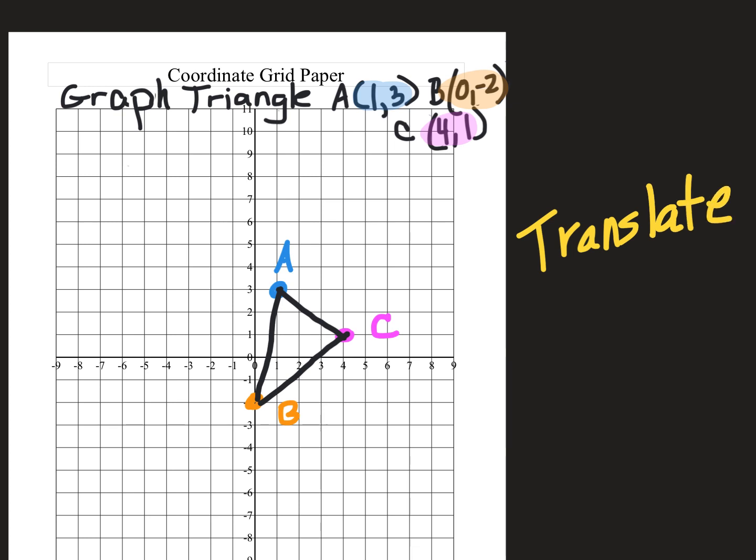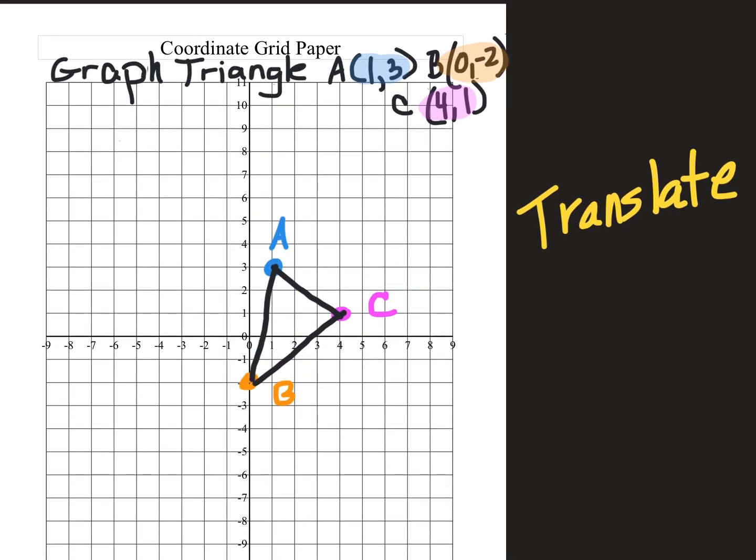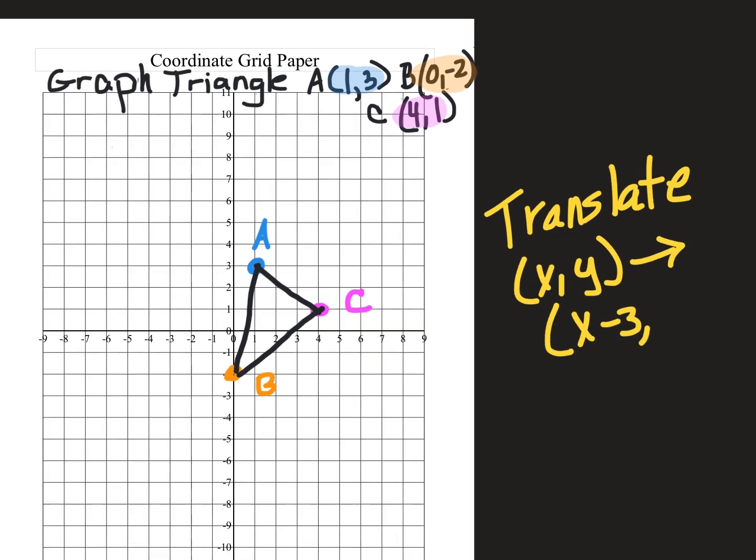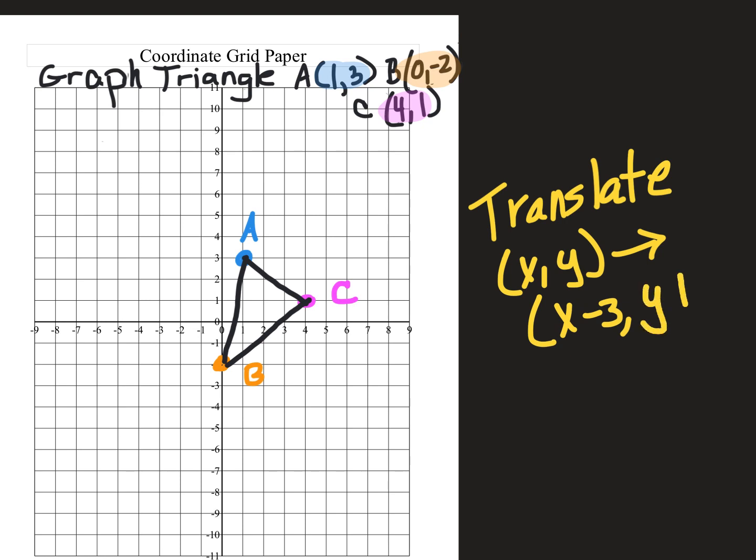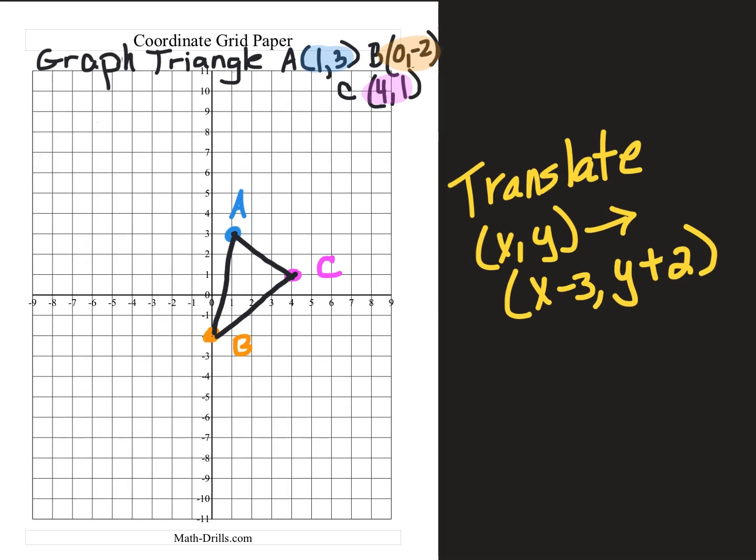So I'm going to ask you to translate this, and I'm going to ask you in 3 different ways. First, I'm going to show you with the rule. And again, that is not a Z. I will never write the letter Z because I know my 2's and my Z's look about the same. So this is the first way that we would say it.